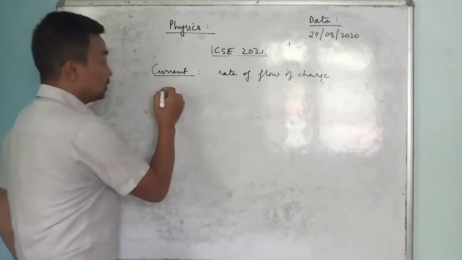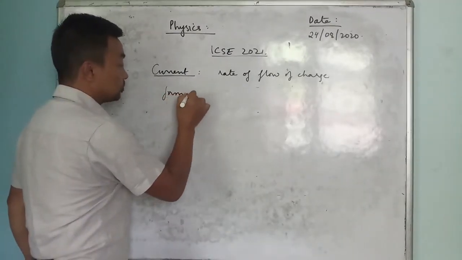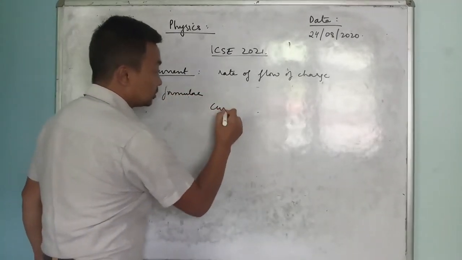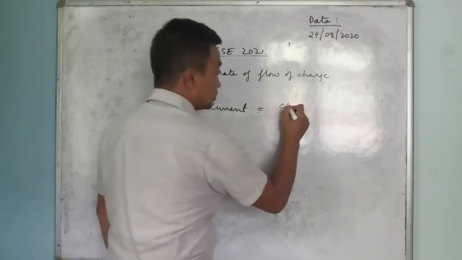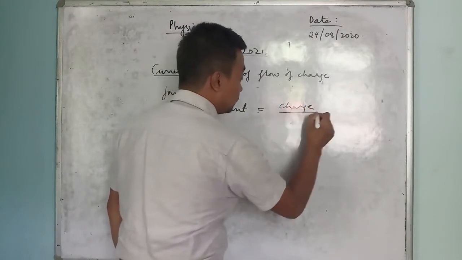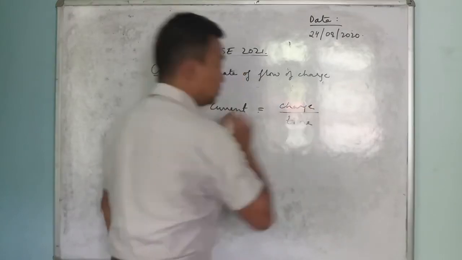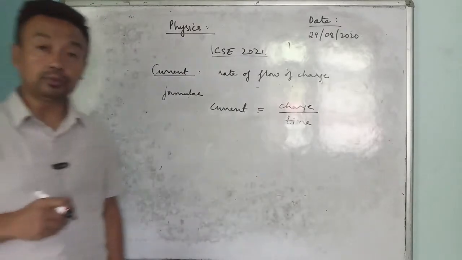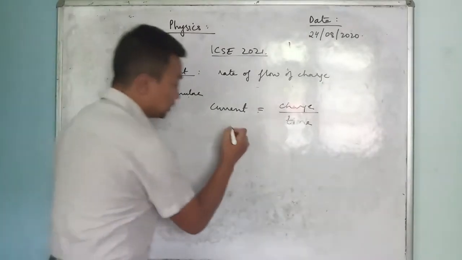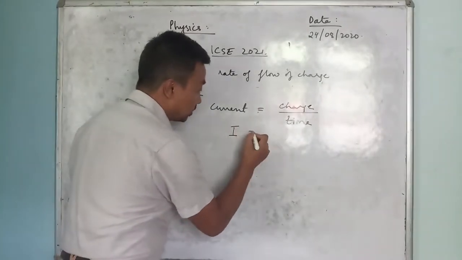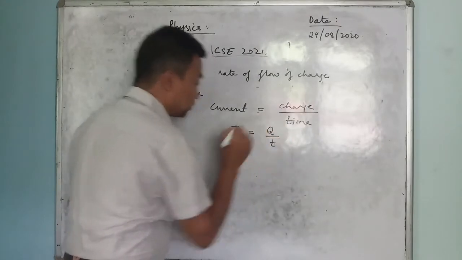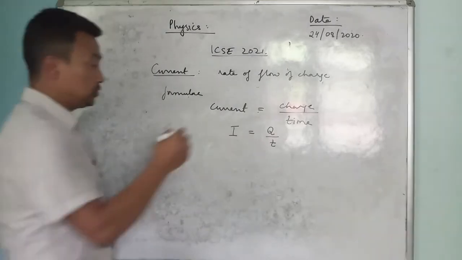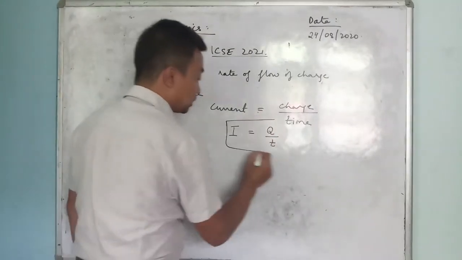So basically the formula for the current we can write like this. Current, the rate of flow of charge, means charge flowing in a given time. This current is represented by the symbol capital I, the charge is given by capital Q, and the time is given by small t. So this is your formula for the current.